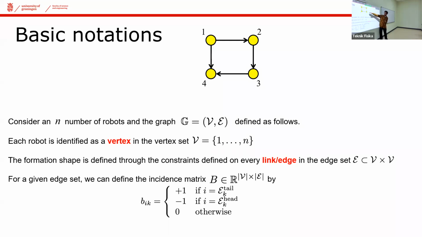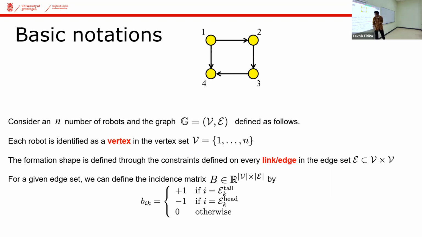So now, with this agreement, this consensus on the way we use the arrow, we can define the incidence matrix, which is describing how the vertices is being mapped to the edges. So B is a matrix that relates the number of vertices to the number of edges.